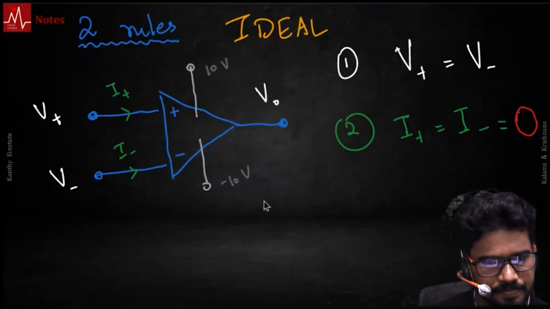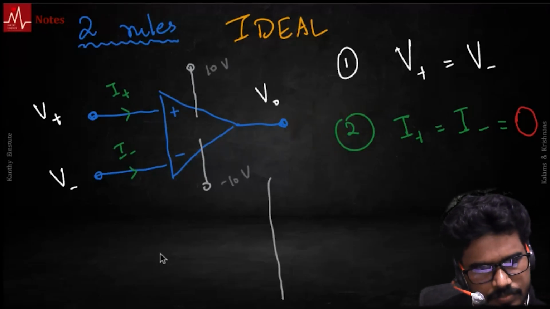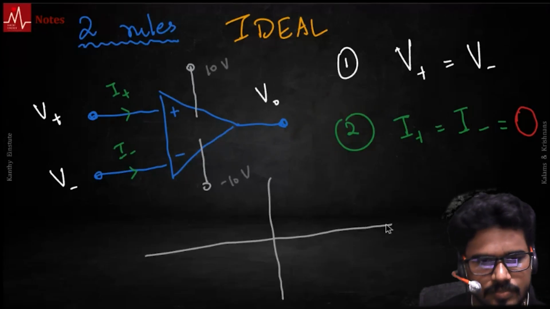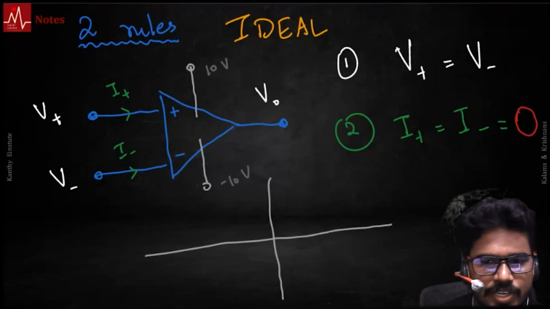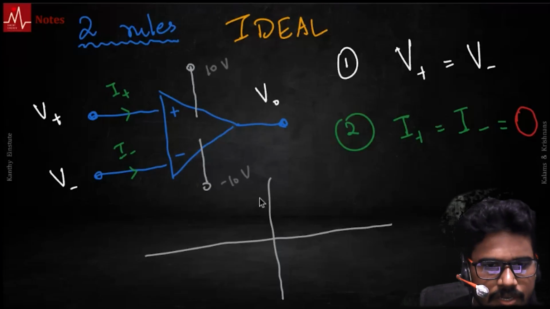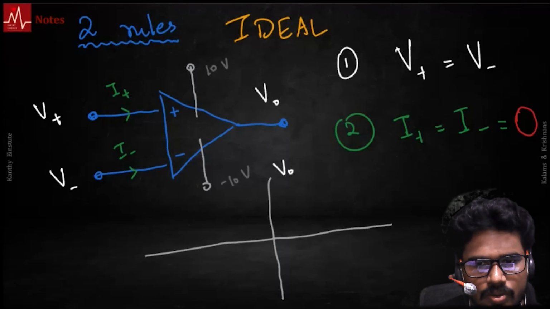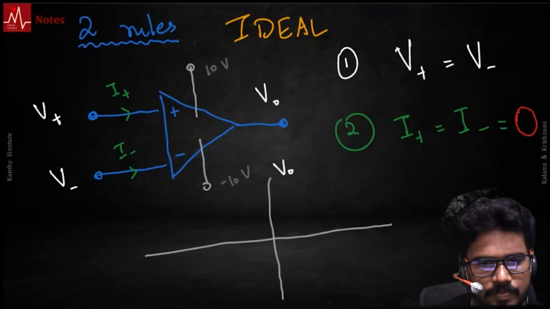If you look at how this thing behaves, the output voltage here, if you had to plot that, you're going to get a line like this.